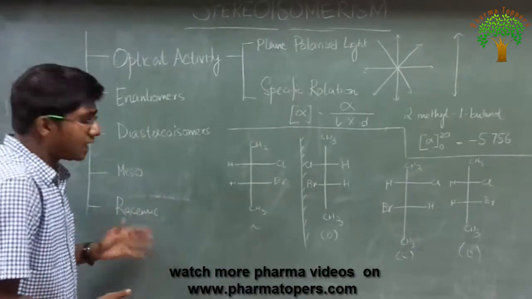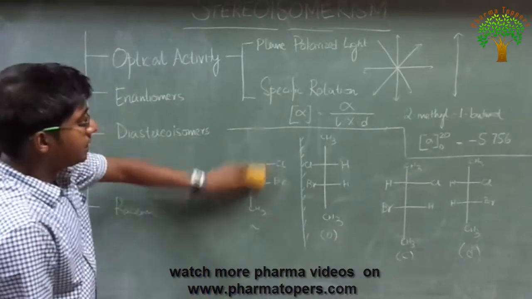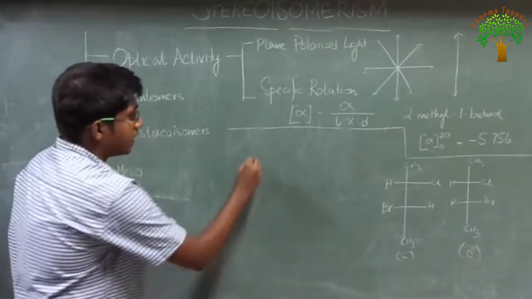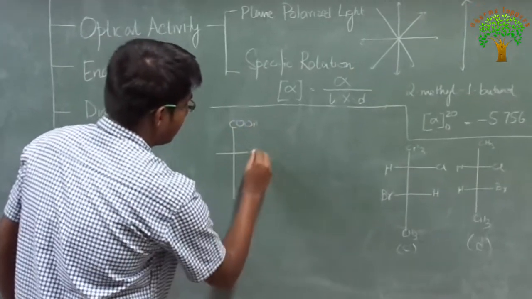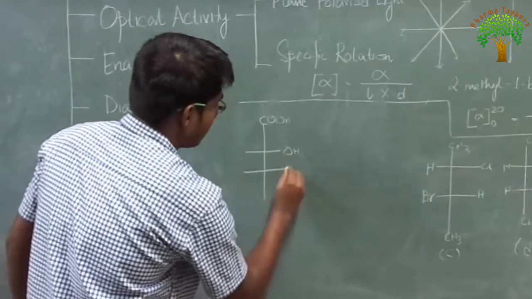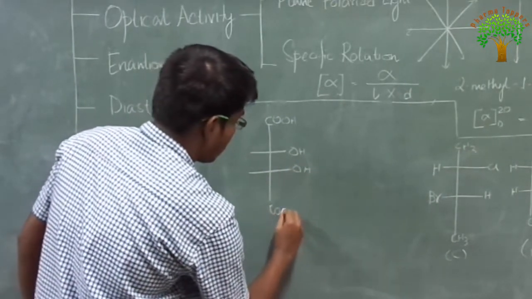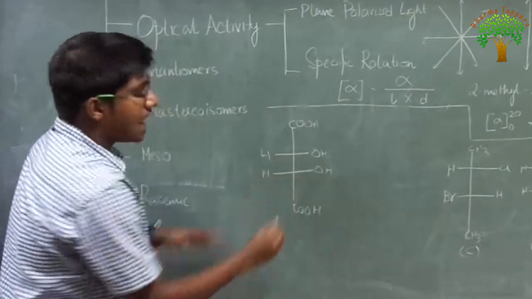Now we come to another set of compounds known as meso compounds. This is very important. What we have over here is tartaric acid.